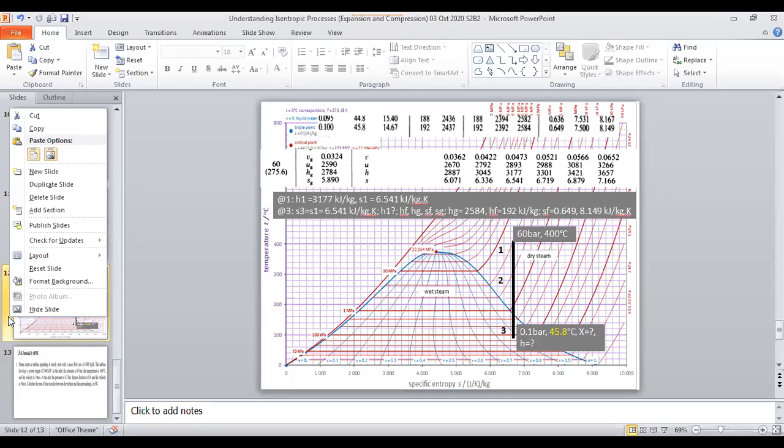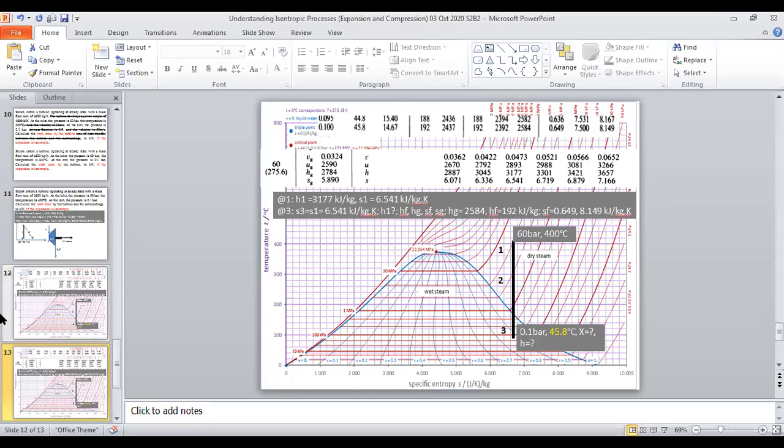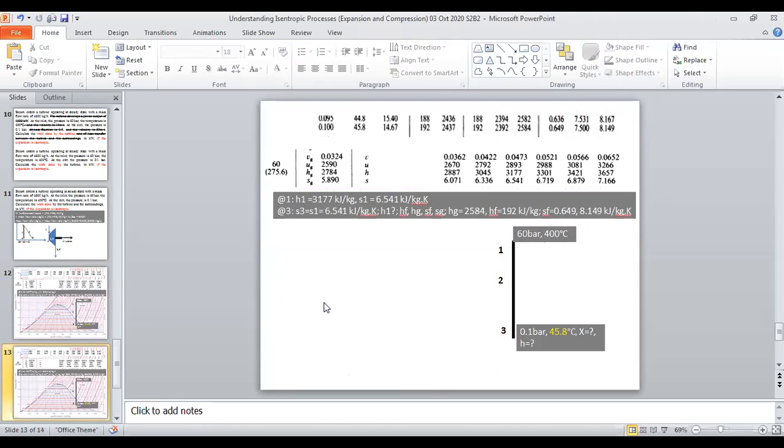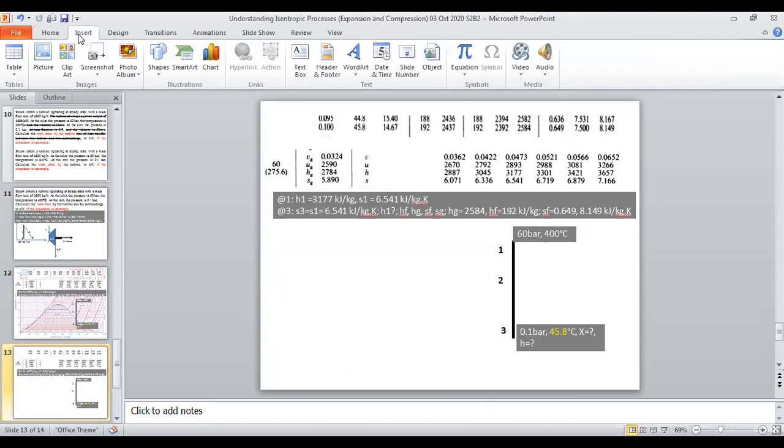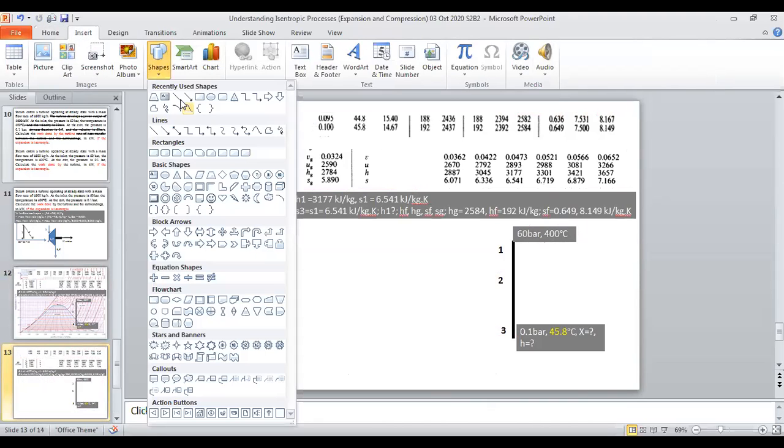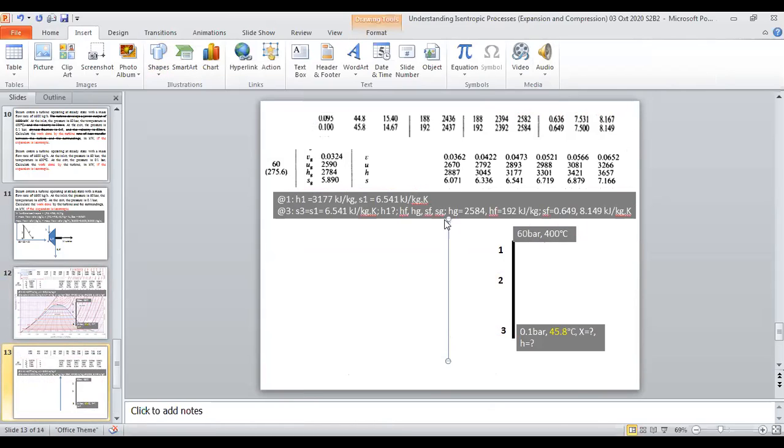And I want to mention that it is not necessary to have this table. No issues. This is isentropic. You just put your temperature and entropy axes, a T-S diagram.